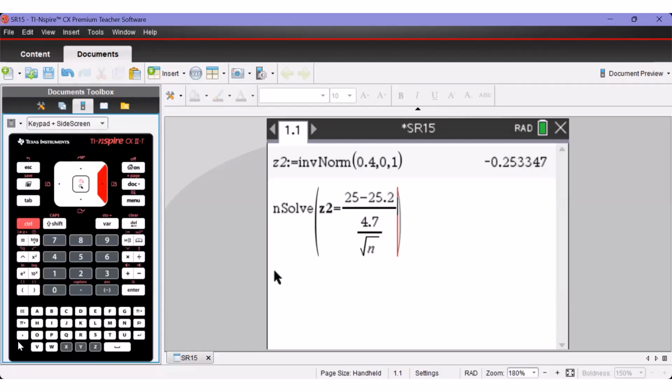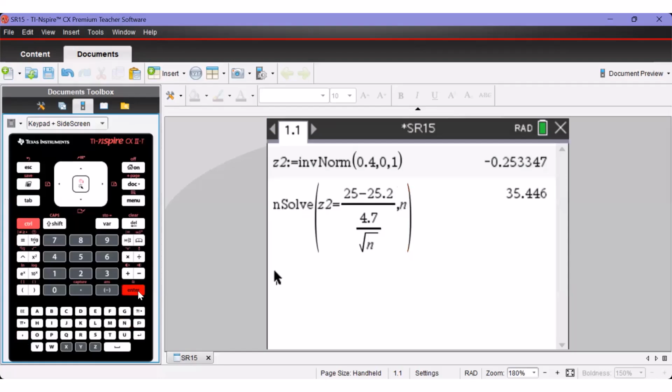We want to solve for n. So the way we denote that is comma n. Press enter. And we get 35.446, which means that the required sample size for the number of students in the second sample is 35.